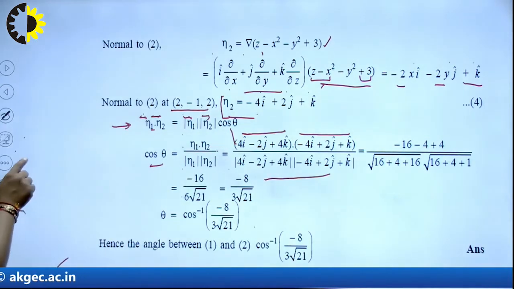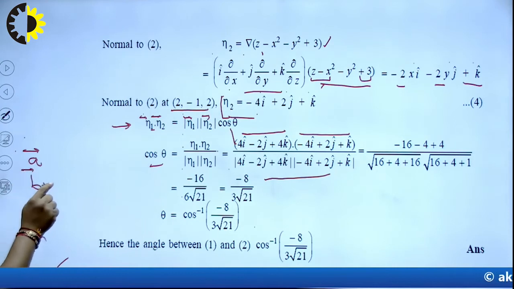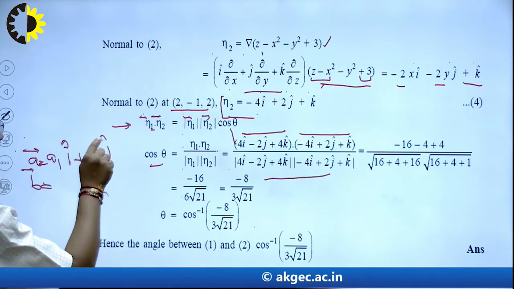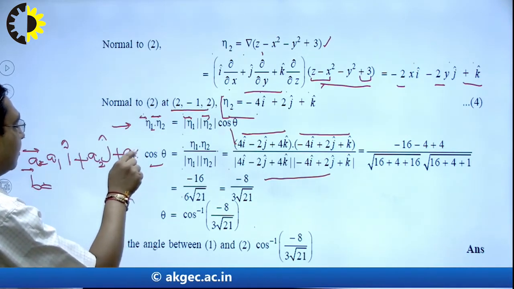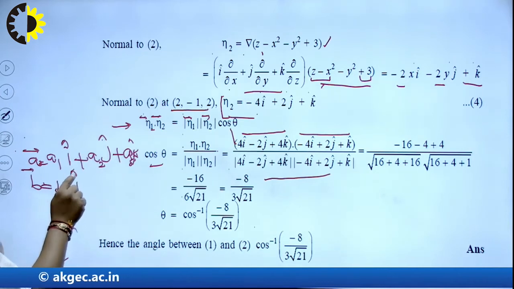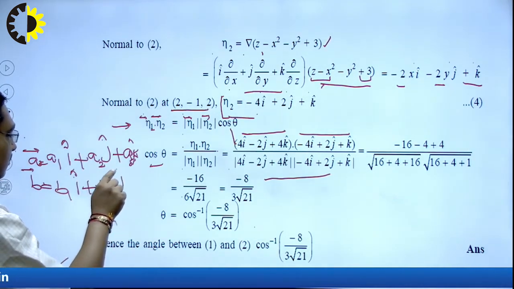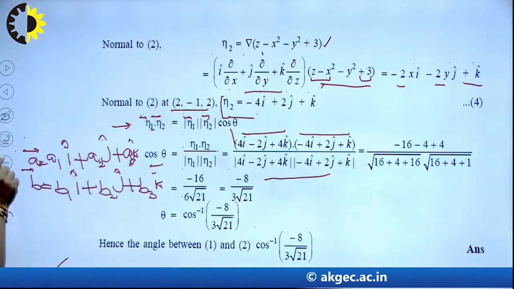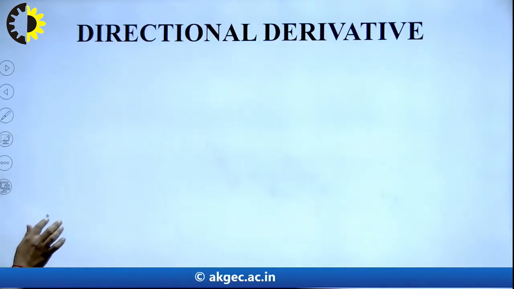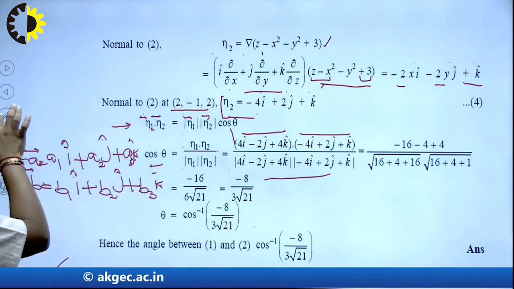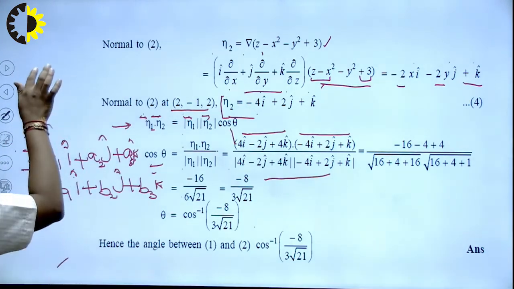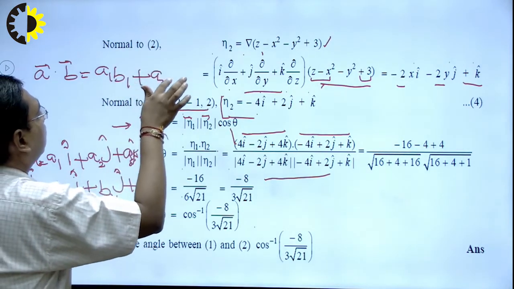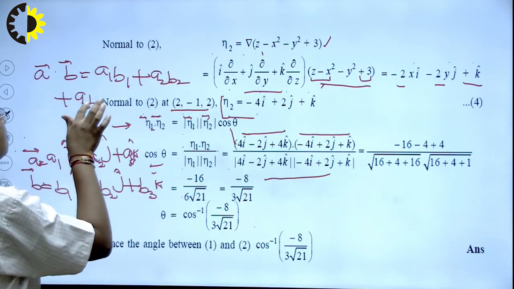Now, if two vectors A and B are with me, A equals A1 i cap plus A2 j cap plus A3 k cap, B equals B1 i cap plus B2 j cap plus B3 k cap, then A dot B is A1 B1 plus A2 B2 plus A3 B3.